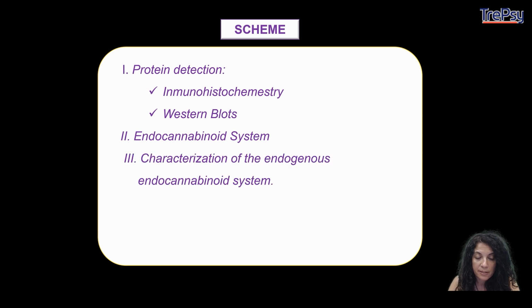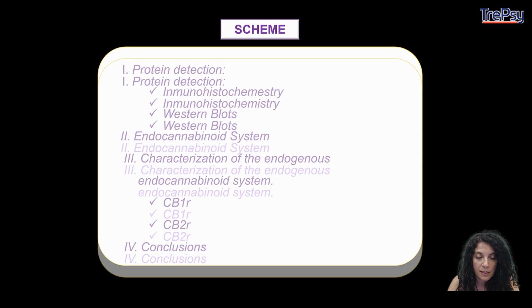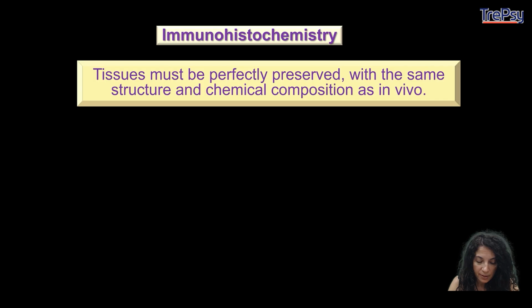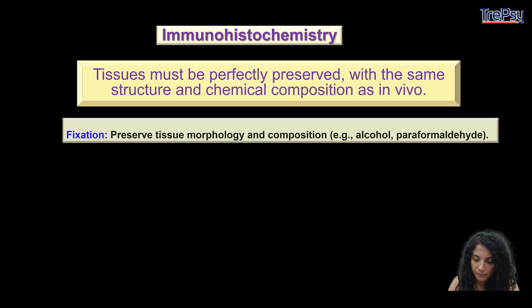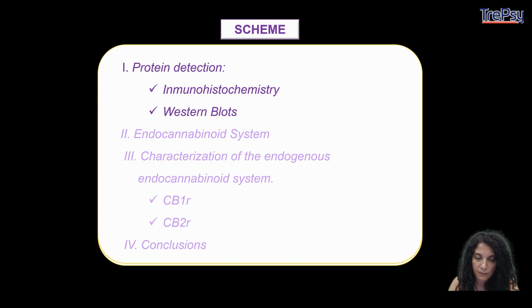We will discuss the characterization of the endogenous endocannabinoid system, CB1 receptor, CB2 receptor, and finally we will do the conclusions. Now, the first part, we will discuss protein detection, immunohistochemistry, and Western blot.